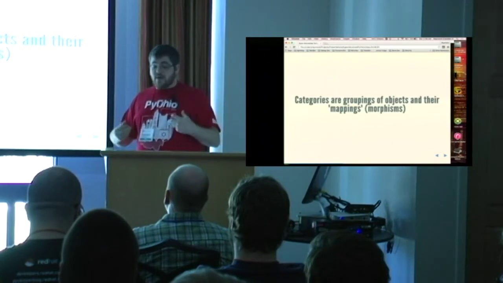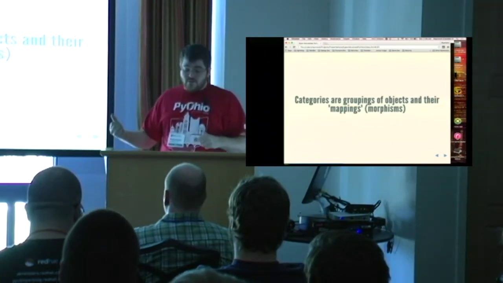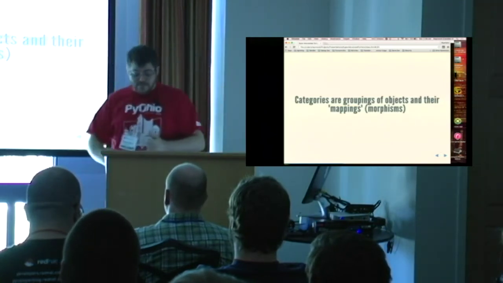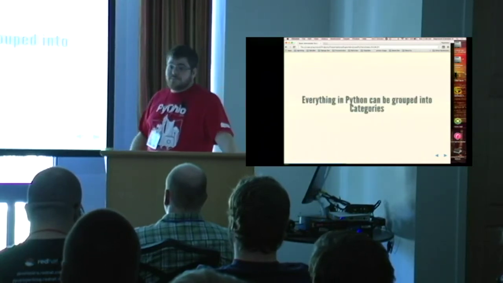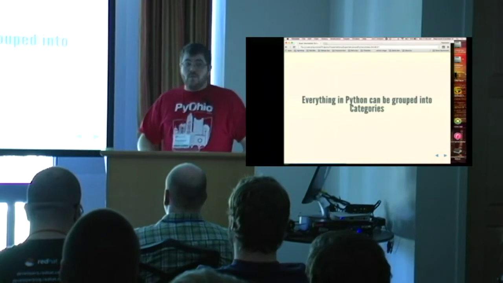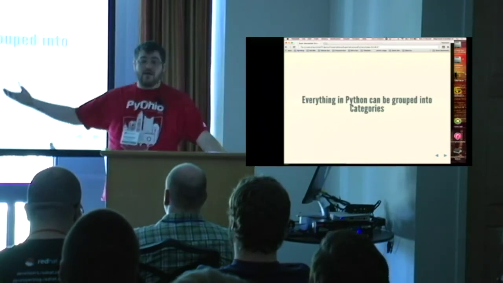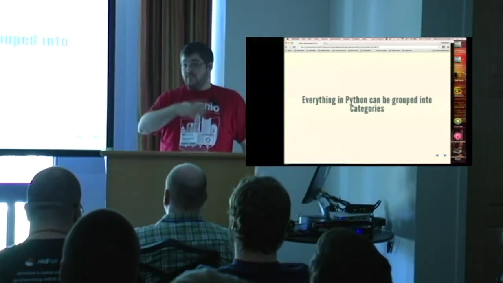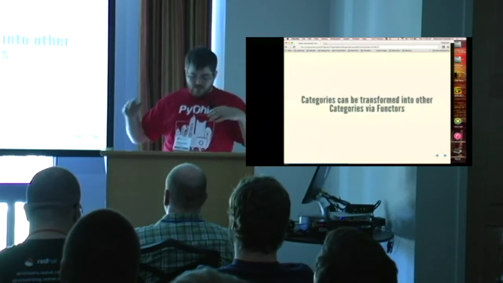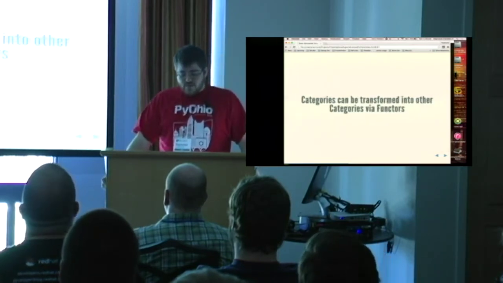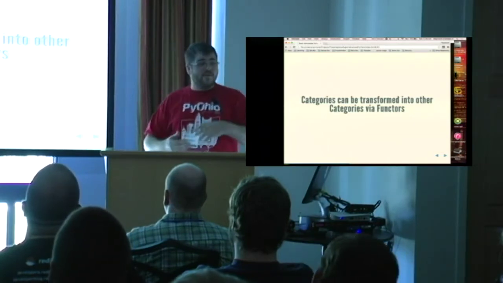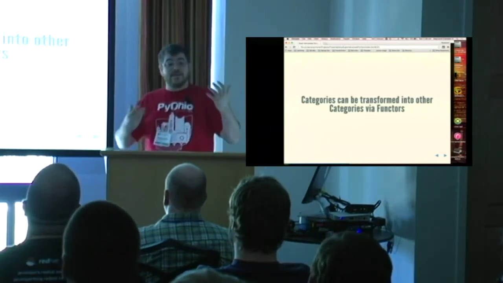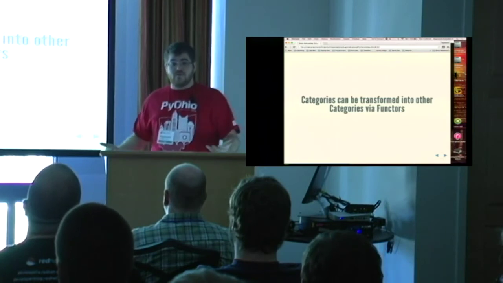Categories are groupings of objects and their mappings, so everything in Python can be grouped into categories. And then we can transform categories into other categories by applying functions to them, which I'm kind of going to get to. So categories can be transformed into other categories via functions. If I have a group of mappings, a dictionary, right? A dictionary is just a group of mappings.